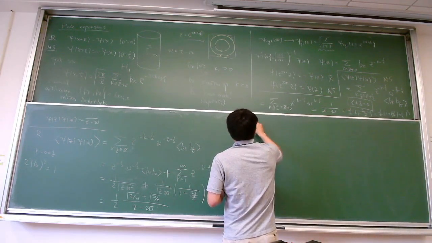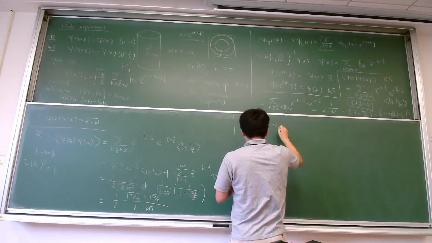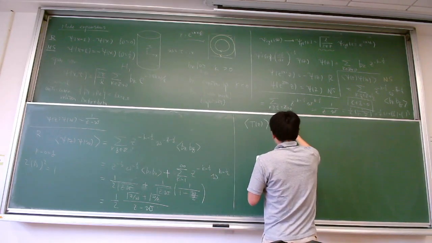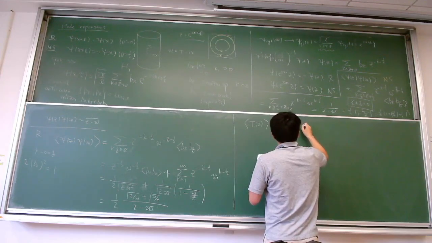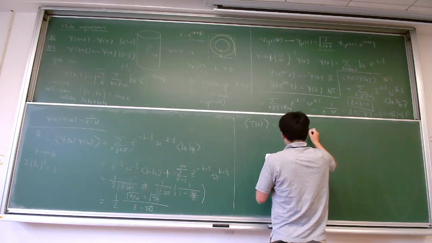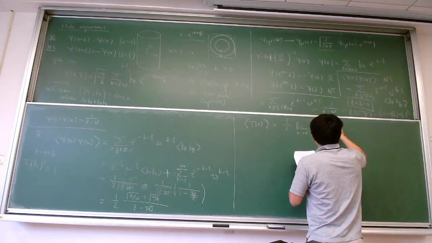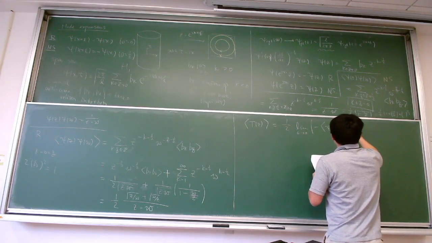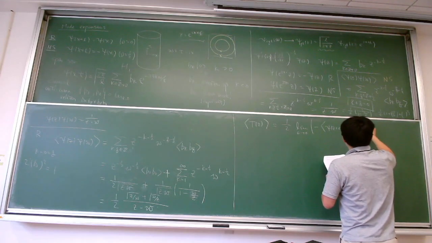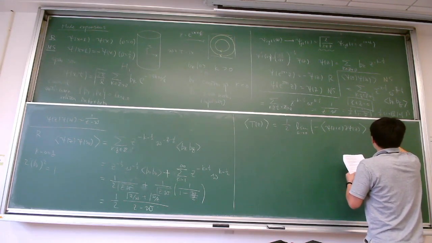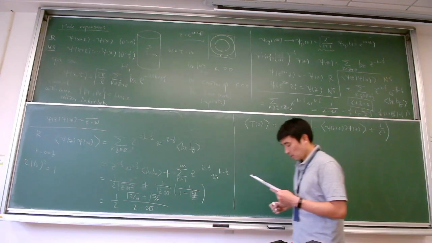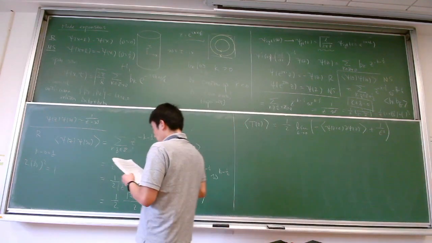Here there is a prescription to compute the normal ordering, as follows: minus psi of z plus epsilon, psi of z. So that's what's really happening.